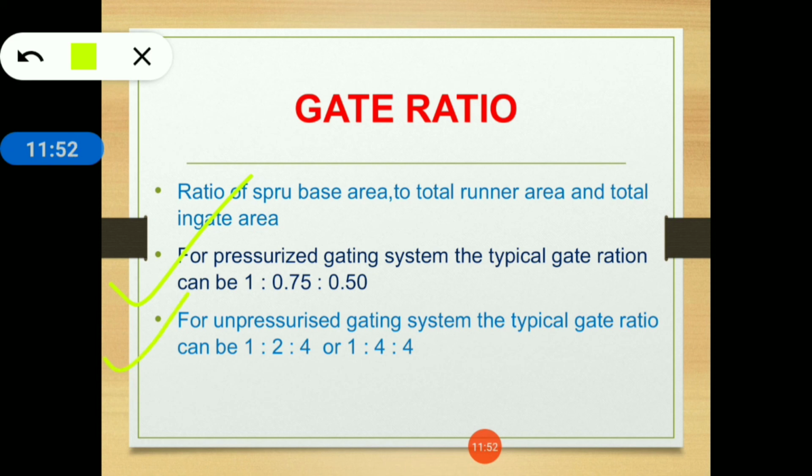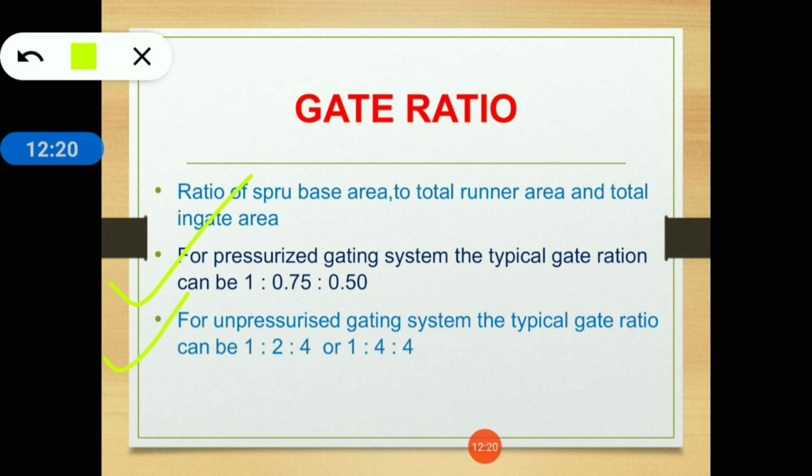But in the unpressurized gating system there may be a chance of aspiration of gases, because the pressure is less, and due to this less pressure some channels may not be filled wholly with molten metal. Some empty portion will be there.